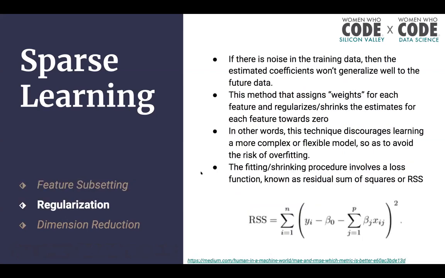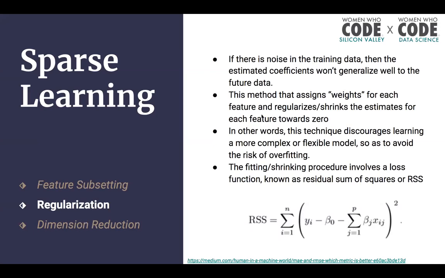Another way you can deal with sparse learning is using regularization. If there is noise in your training data, then the estimated coefficients won't generalize well to future data. So if I have outliers in my current data set and my model has been created using the outliers, my future data point, which is not an outlier, will get an outlier-like prediction.